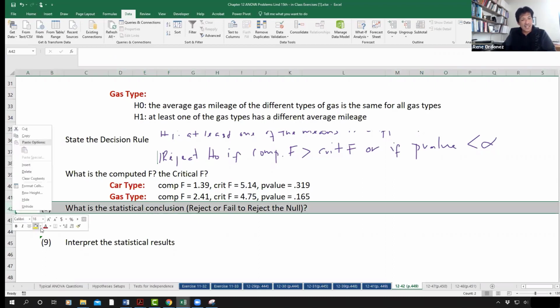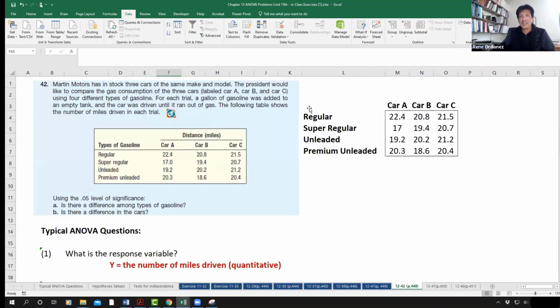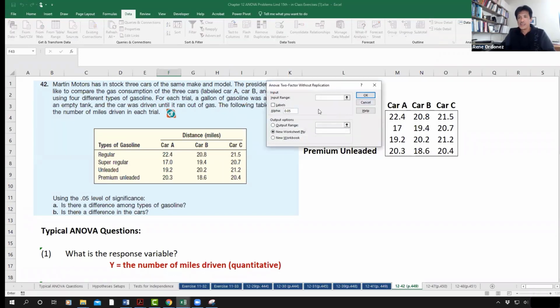All right, now let's see how these numbers are generated using the data analysis module in Excel. So we'll say data analysis, and two-factor without replication is the choice. Click OK. Input range. So what is the input range?